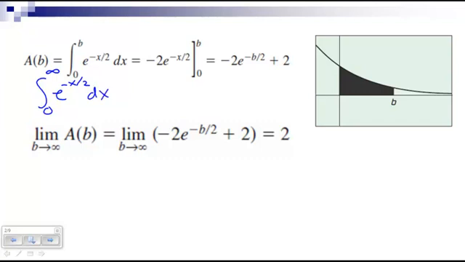The presence of that infinity sign makes this an improper integral, because the limit of integration is not a number there, because infinity is not a number. It is a placeholder.